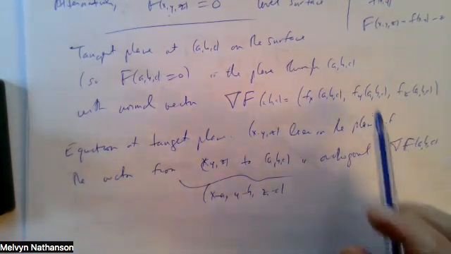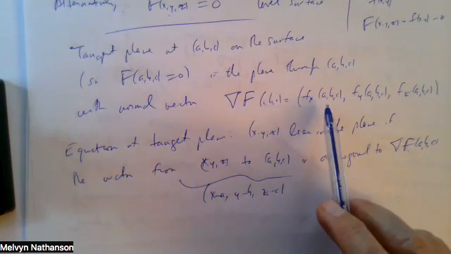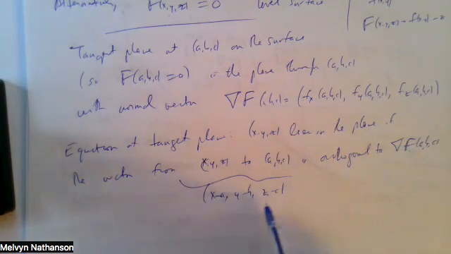So that vector is perpendicular to the gradient. That means the dot product is 0.